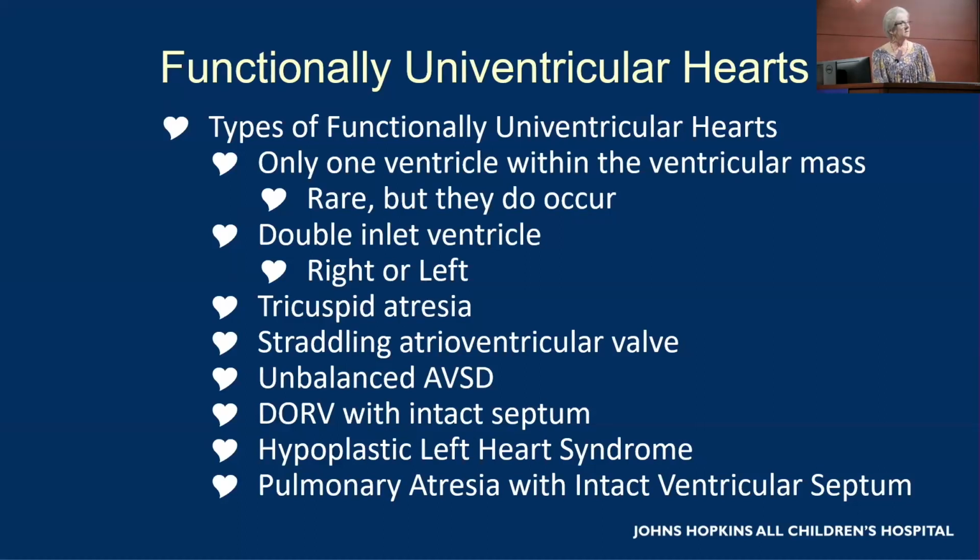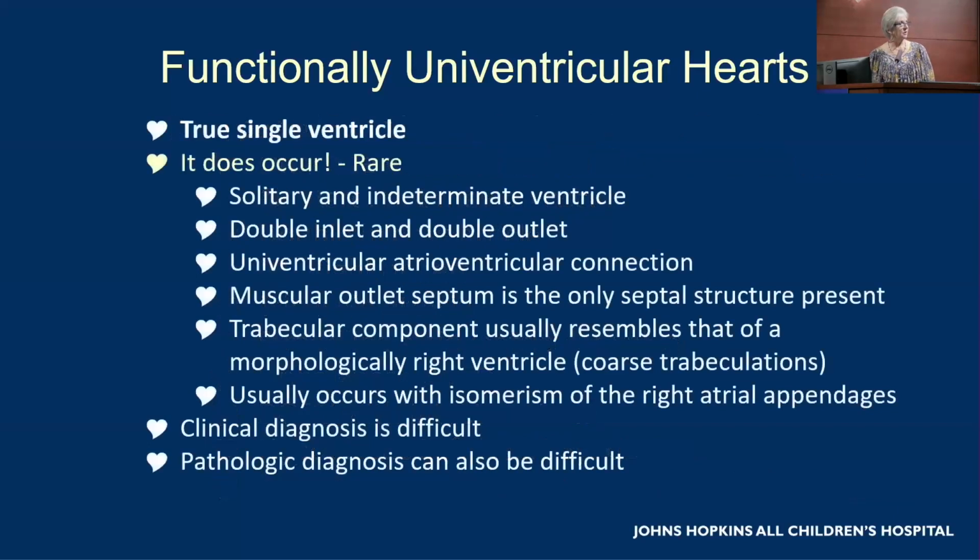In the past, there were a lot of controversies with this topic, especially early on when I was training here at the Children's Hospital of Pittsburgh. So when we talk about a true single ventricle, it does occur, but they are rare. They are solitary and indeterminate, have a double inlet and a double outlet, univentricular atrioventricular connections.